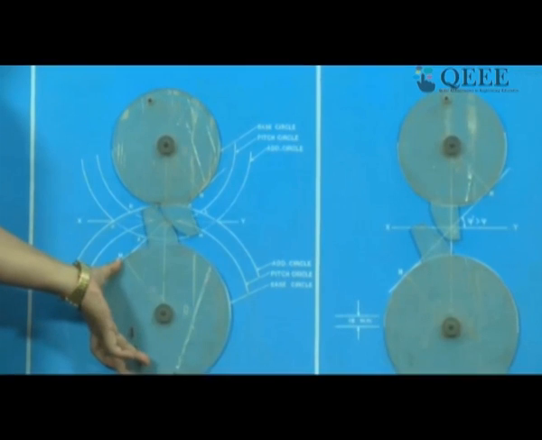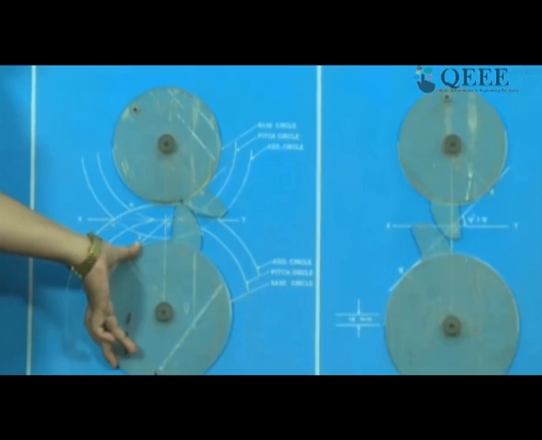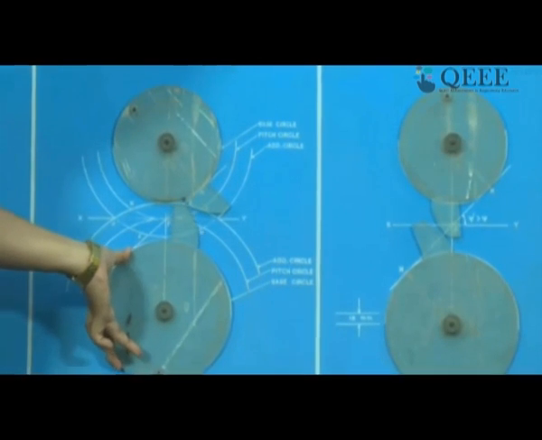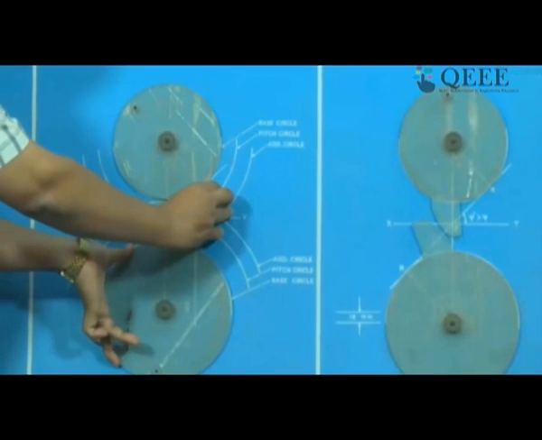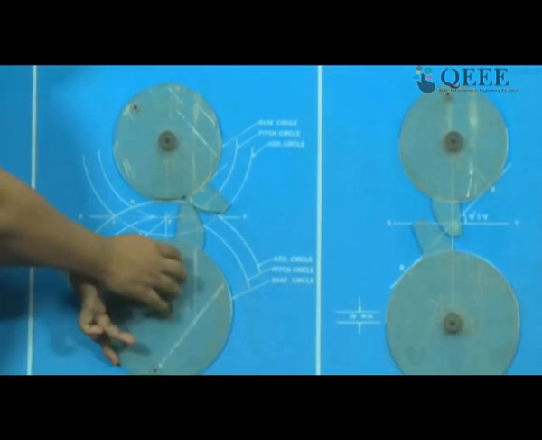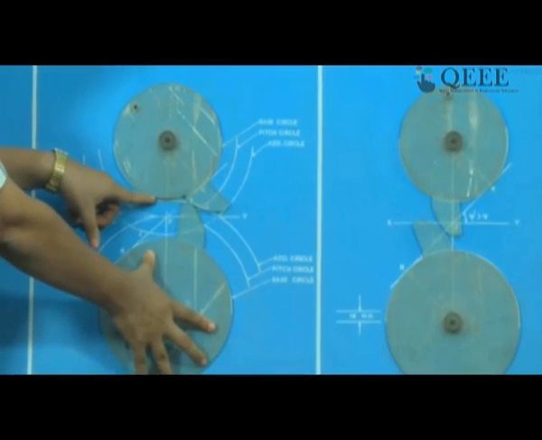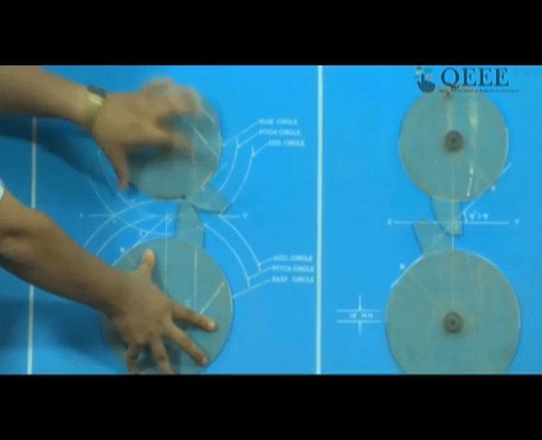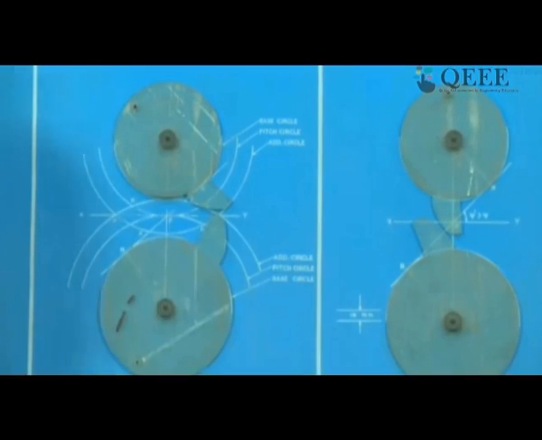And where is it getting disengaged? It is still in contact, still in contact. Then from this point onwards, it is getting disengaged. That point is where the addendum circle of this gear, the last time it is in touch with this driven gear, is where the last point of contact happens.